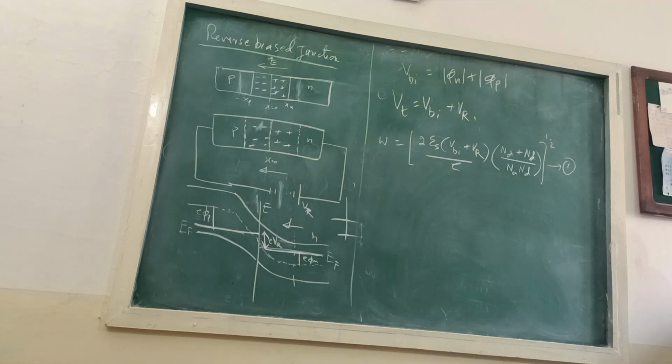So the width of the space charge region will increase if you apply a reverse bias.